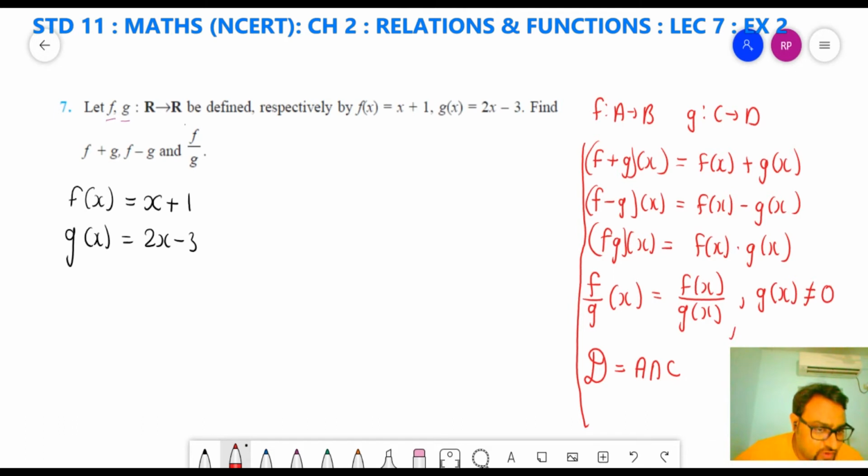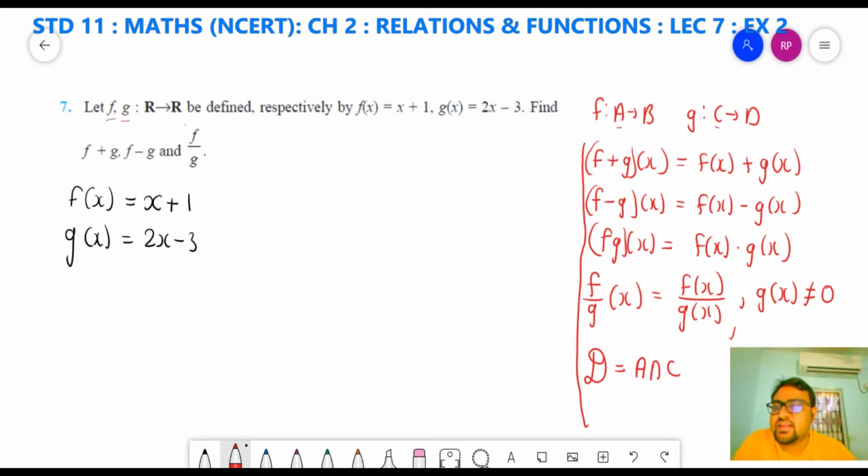In the division case you cannot take the value of x such that g(x) is equal to 0, which means you have to subtract that: A intersection C minus the set of x such that g(x) is equal to 0. Whereas in the first three cases, addition, subtraction and multiplication, you can take the value of x that belongs to the intersection of the domain of f and the domain of g.